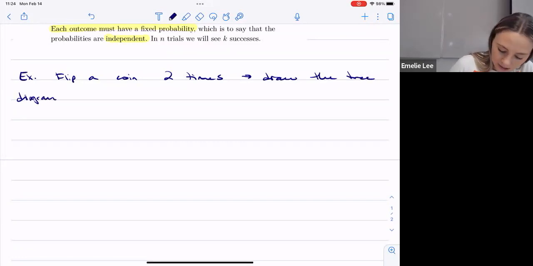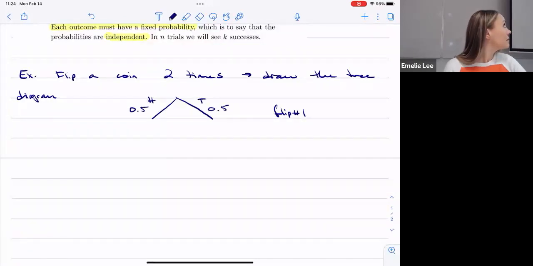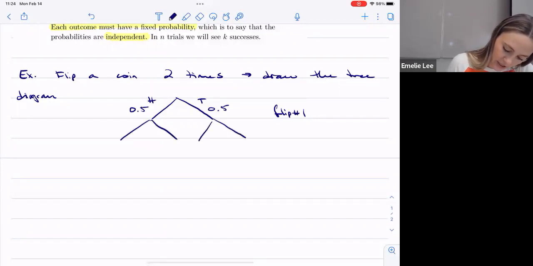So then I'm going to have flip number 1 here. Right? And it's either heads or it's tails with equal probability, let's assume. And then I flip another time, which means I get heads or tails with the same probability.